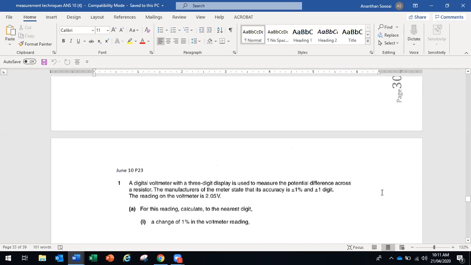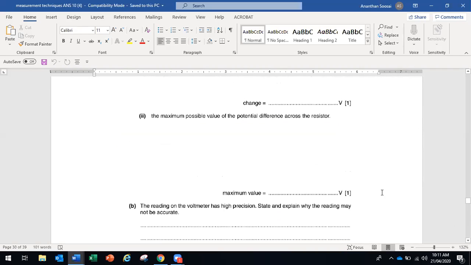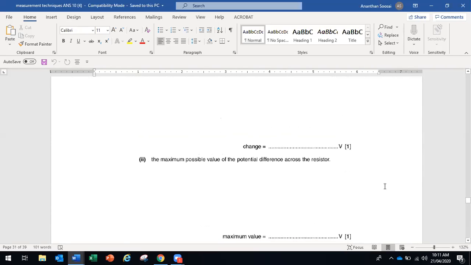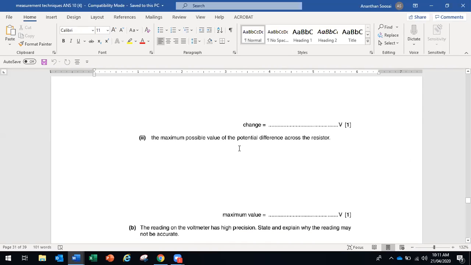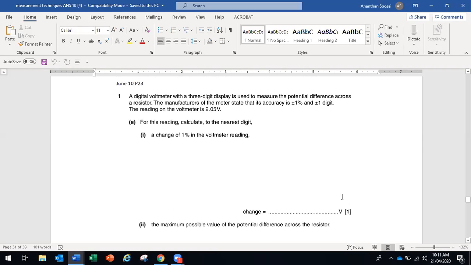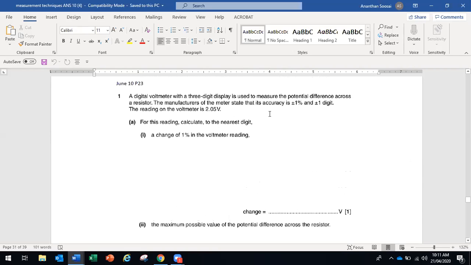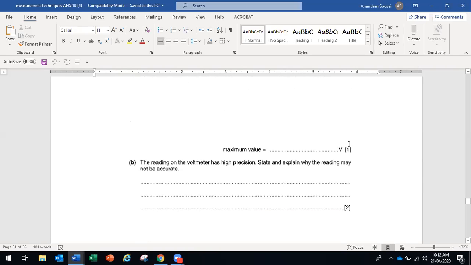Sorry for entering late, Zoom had a problem not letting me in. Okay. The maximum possible value should be 0.02, but because they said plus minus one digit, that means the maximum error is going to be 0.03. So 2.05 is going to be plus minus 0.03, the final answer. Because they're asking what the maximum possible value could be, 2.05 plus 0.03, 2.08 should be the answer. That's why they give 2.08.